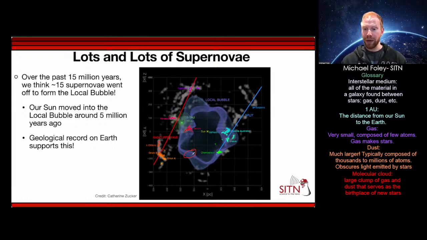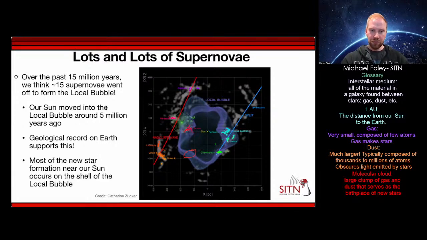There are isotopes, particularly iron-60, that have been identified in ice cores that are strong indicators of supernova explosions. So we think that our geological evidence on Earth supports this picture, that this local bubble was produced by 15 supernovae over the course of the past 15 million years. Our sun moved into it only about 5 million years ago.